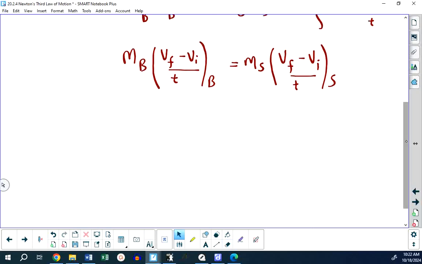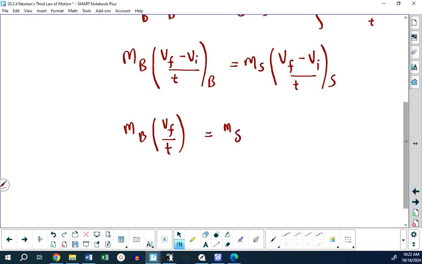So the next step is to say the mass of the ball times the final speed of the ball over the time equals the mass of the student times the final speed of the student over the time of the student. Why? Because the student is standing initially at rest when they throw the object. So at that instant in time, just as the force is being applied initially, neither of the objects have yet begun to move. VI is 0 for both.